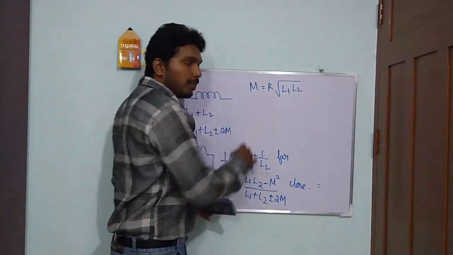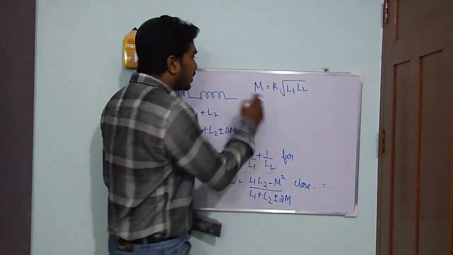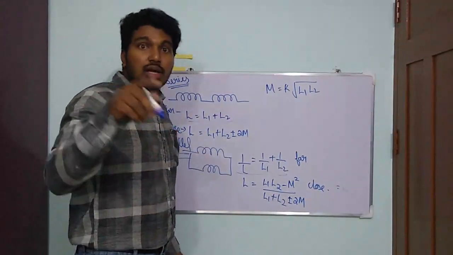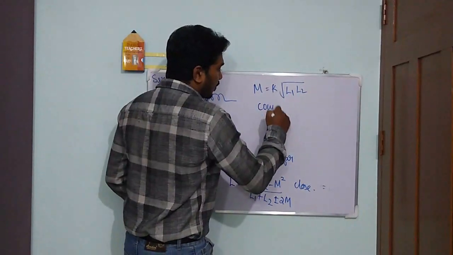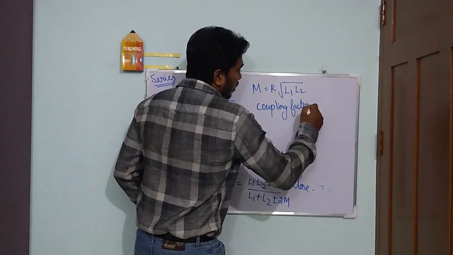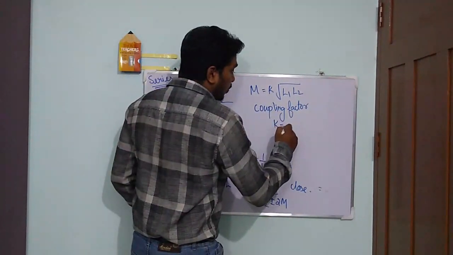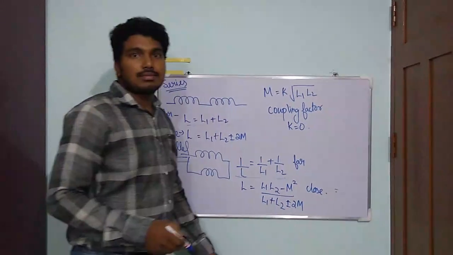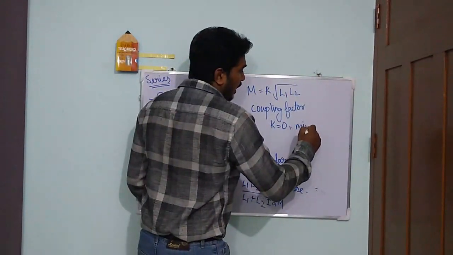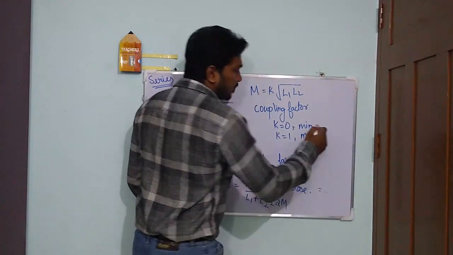Now, coming back to K. K is known as the coefficient of coupling, or the coupling factor. K can vary from 0 to 1. K equal to 0 means minimum coupling, and K equal to 1 means the coupling is maximum.